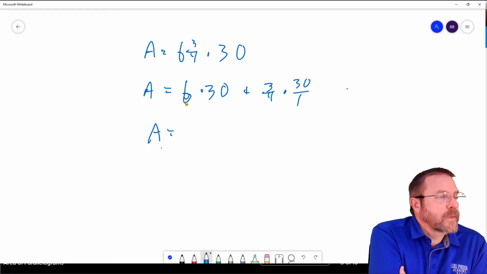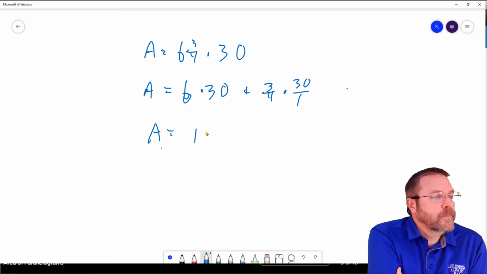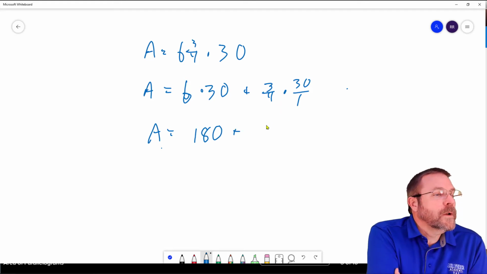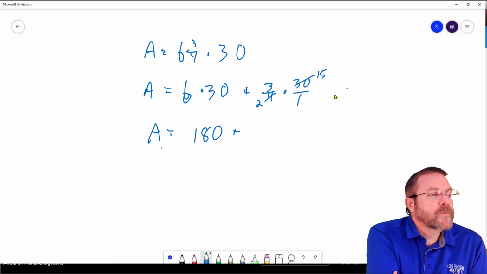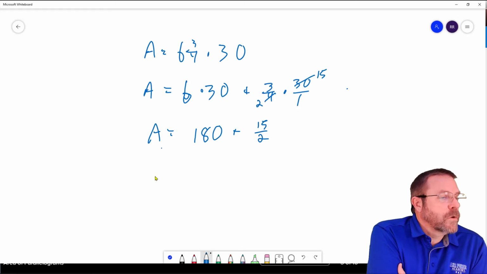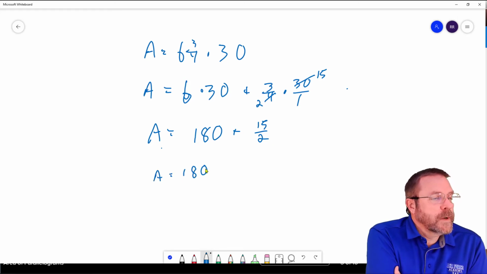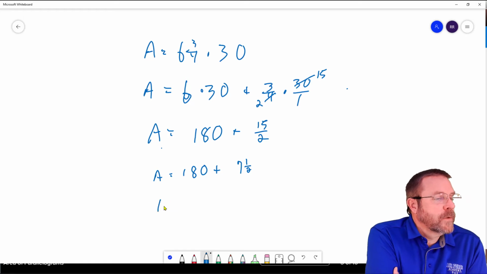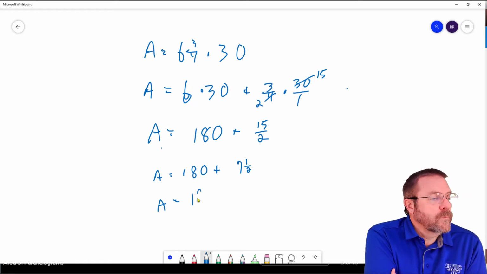The area is equal to 6 times 30, that's 180, plus 3 times 30/1. Simplify first: 2 goes into 4 two times, 2 goes into 30 15 times, which means I get 15/2, which is also known as, bring our 180 down again, plus 7 1/2. 15/2 became 7 1/2, which gives me a final answer of 187 1/2.